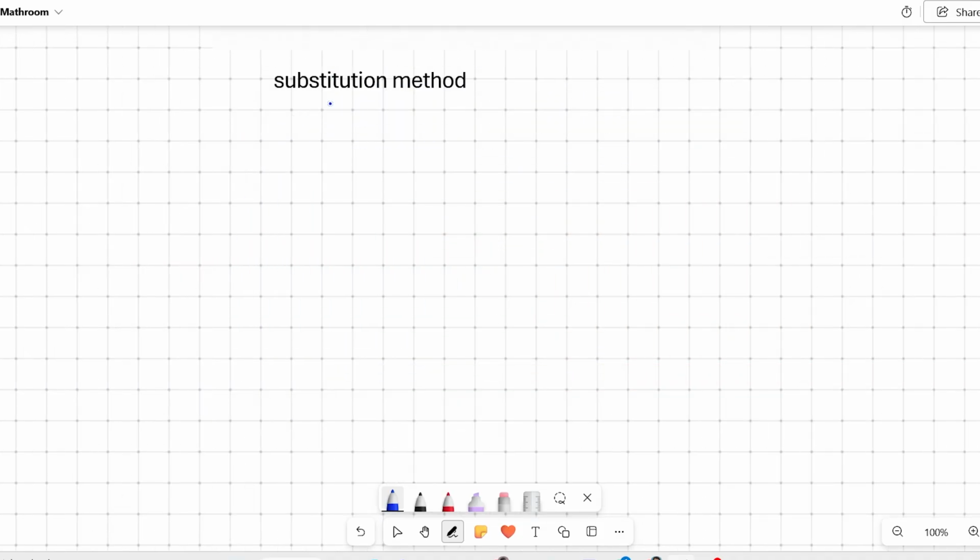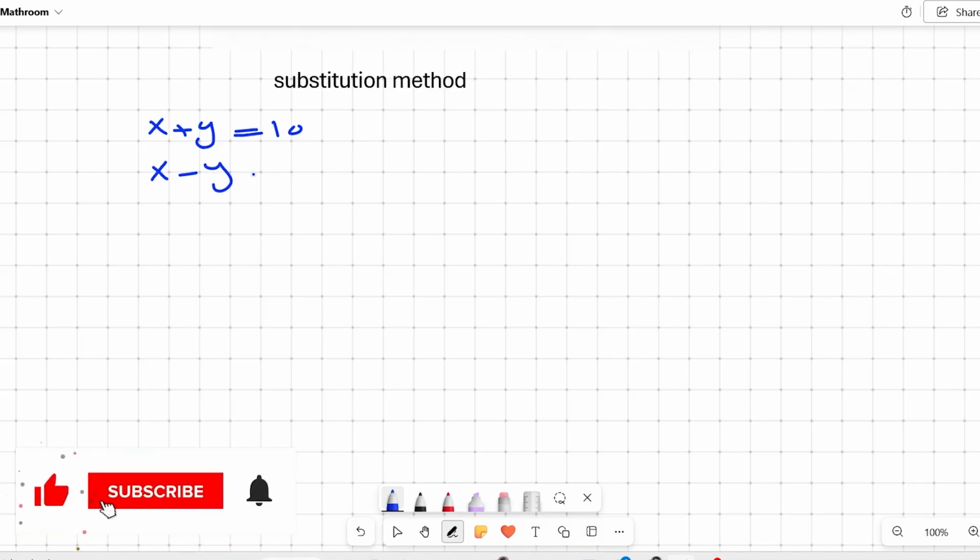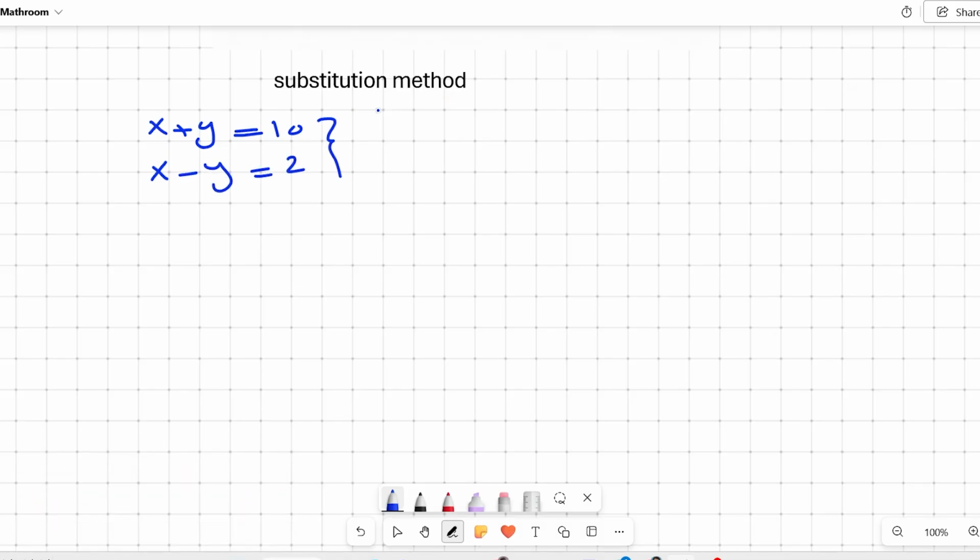To explain the substitution method, we consider the system x plus y is equal to 10 and x minus y is equal to 2. The substitution method says first consider one of these two equations. It does not matter whether it is equation 1 or equation 2; the one you prefer is fine. So I choose equation 1.